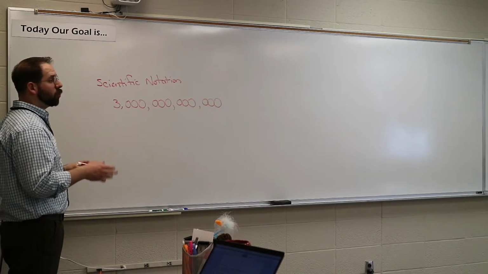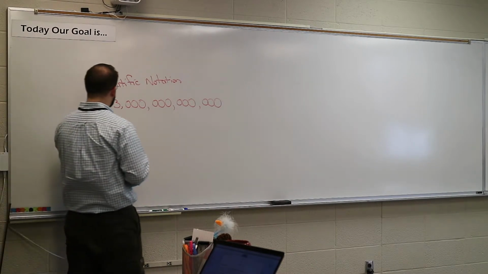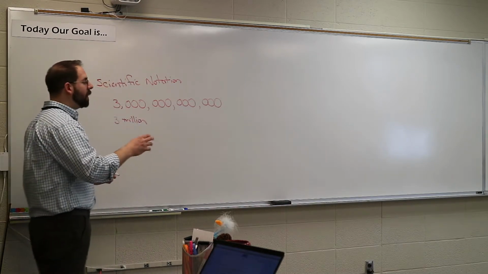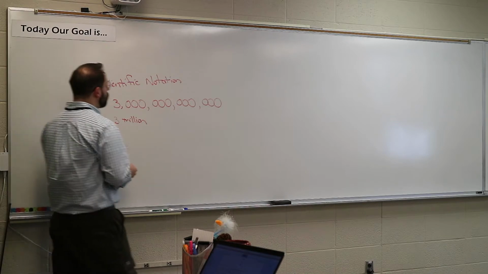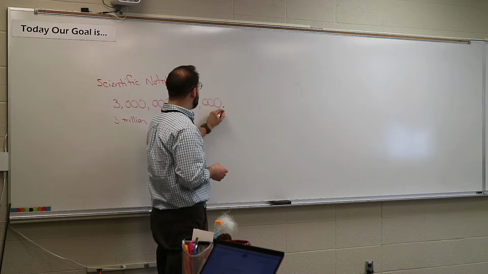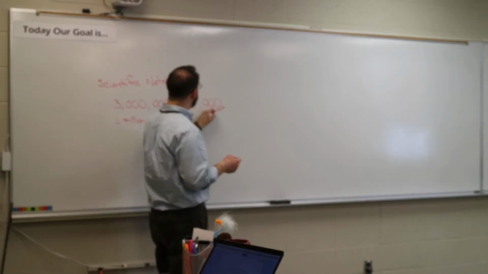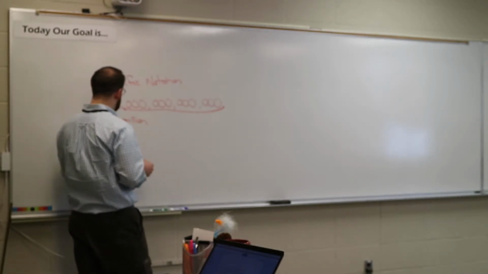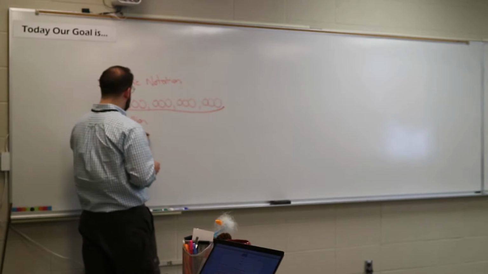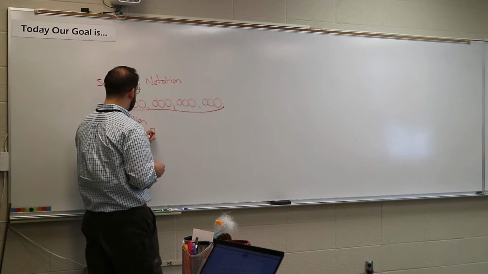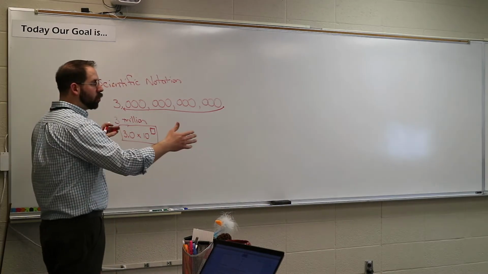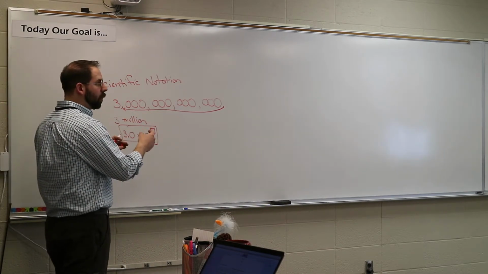That's 3 trillion. How do we write this smaller? Here's how you do it. The decimal's in the back, and what we're going to learn tomorrow is that you can move it all the way to the front, like this, and then put a 10 behind it with a power, a number that goes in the power. And that's how you can write your numbers. You can shorten them up so they're really short.